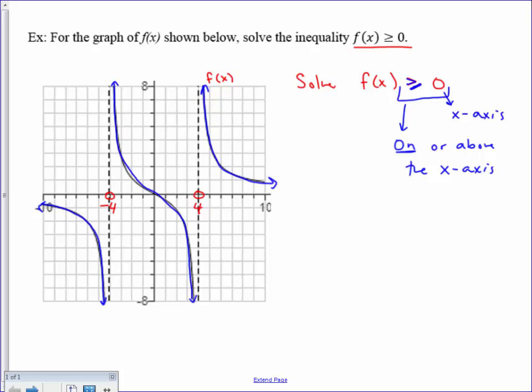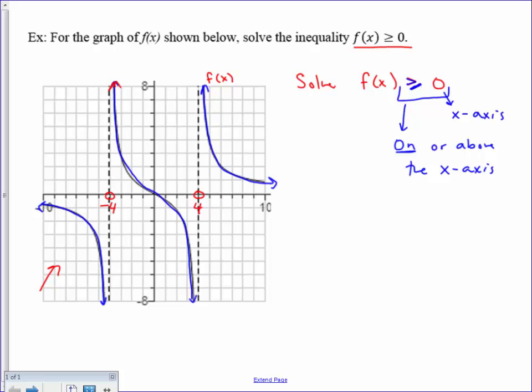So the on part comes from this being included, and then the above part comes from it being a greater than symbol. So looking back at our graph, I want to know where my graph is on or above the x-axis. Well, I look over here and I see that's not going to be part of the solution because my graph is actually below the x-axis.